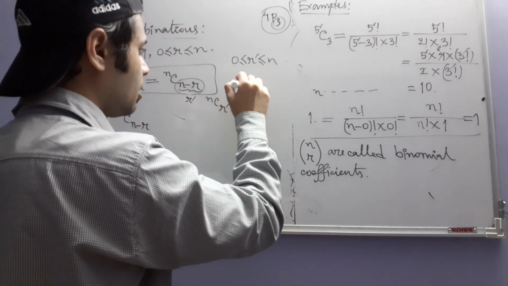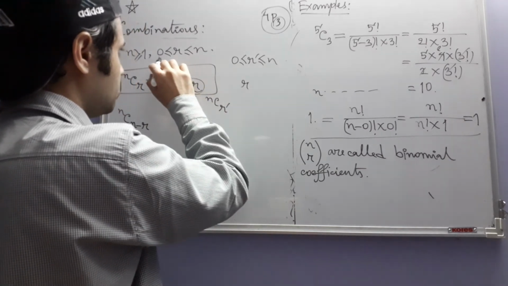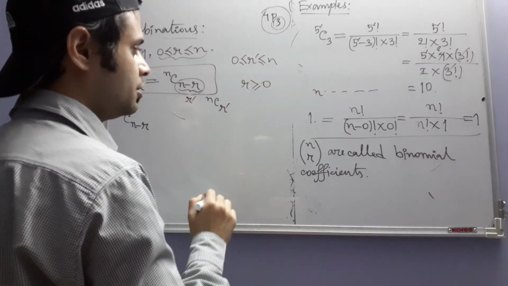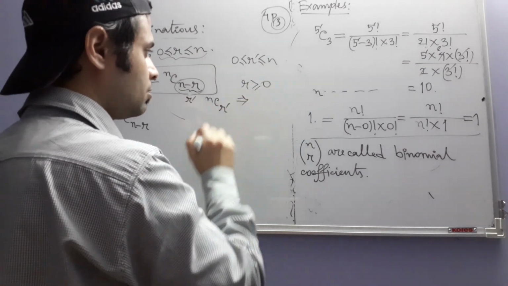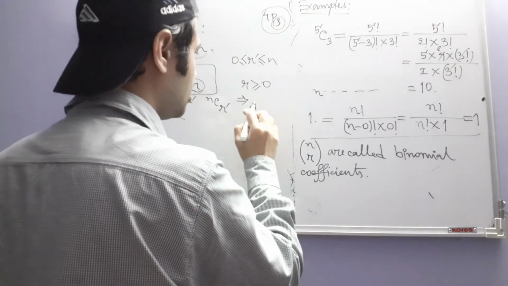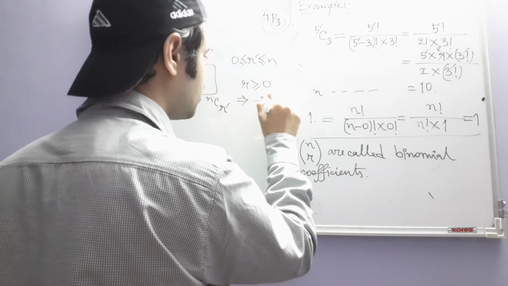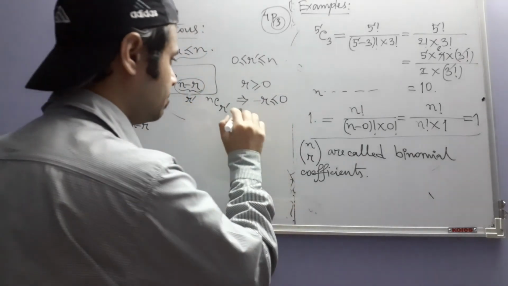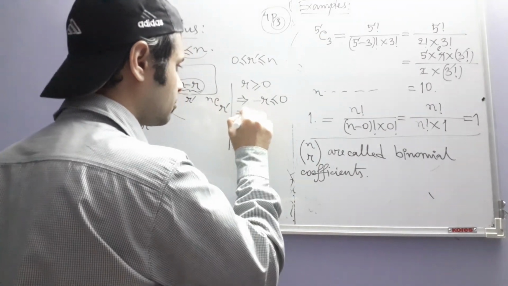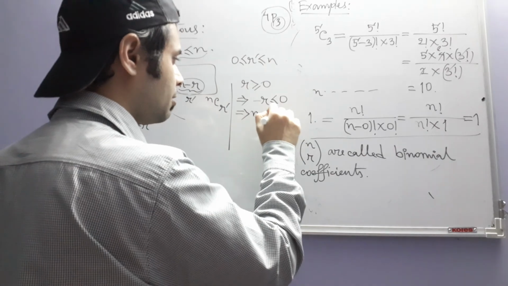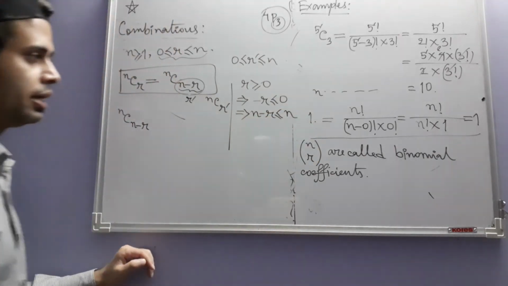You see, what are these inequalities saying? r is greater than or equal to 0. If I multiply r by minus 1, then the inequality changes. Minus r is less than or equal to 0. Add n on both sides, you get n minus r is less than or equal to n.